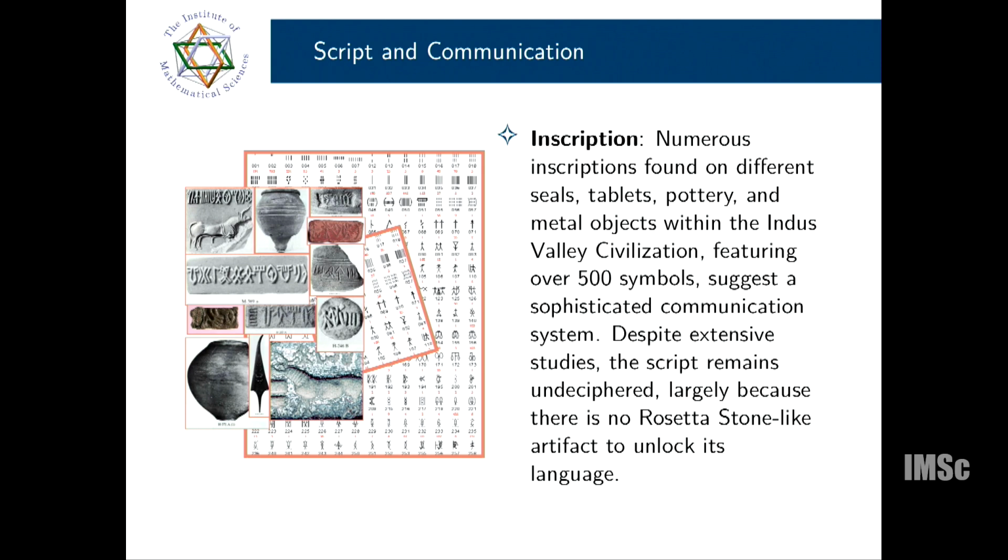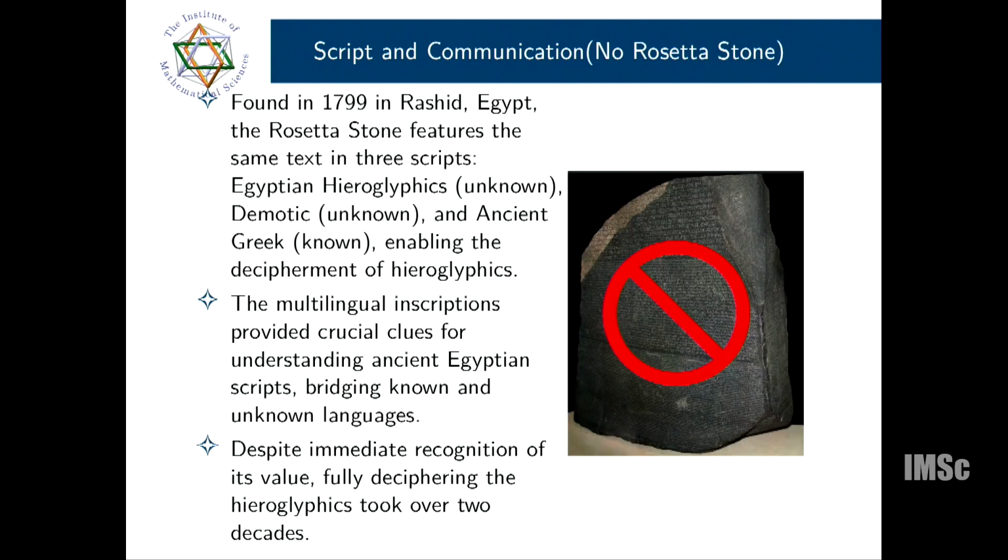But we can say that it's an opinion, right? Professor Siddhara was showing you the Linear B example, which was done based on computational effort. He already showed the importance of a Rosetta Stone.